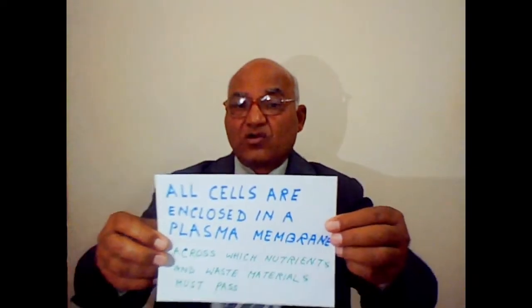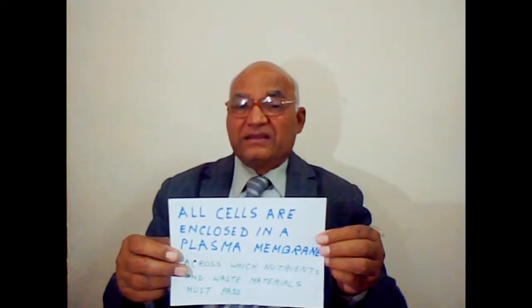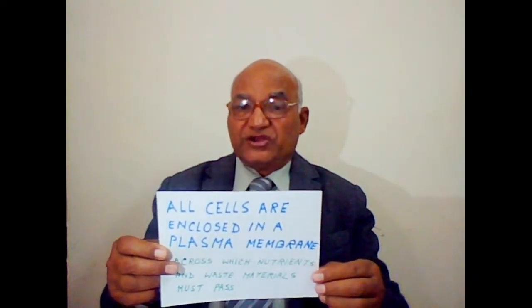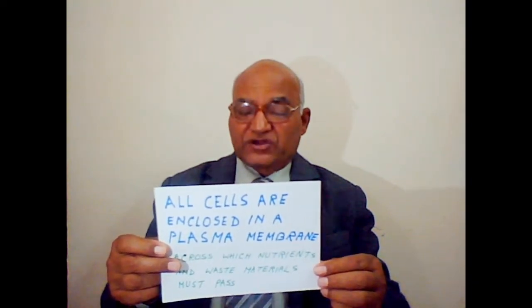All cells are enclosed in a plasma membrane across which nutrients and waste materials must pass. Plasma membrane is the characteristic feature of all living organisms. This plasma membrane surrounds the cell cytoplasm, and it might have originated under very harsh conditions, and in such a way that some proteins are also present in the plasma membrane.